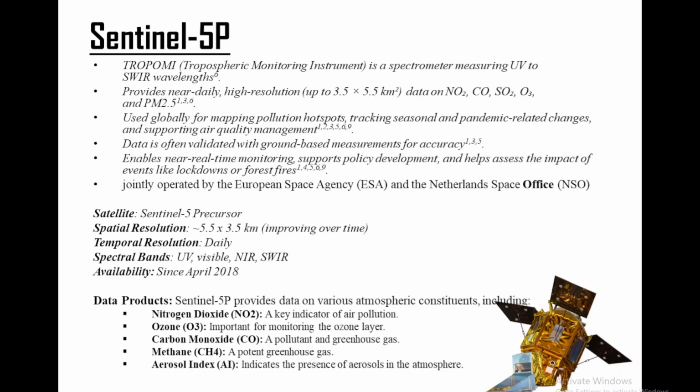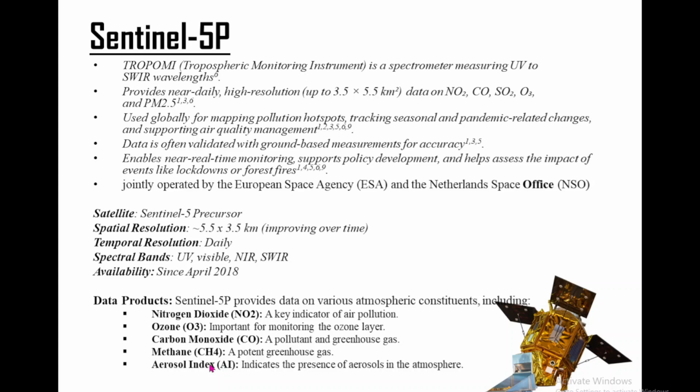It was launched in October 2017, and Sentinel 5P is equipped with TROPOMI, that is Tropospheric Monitoring Instrument, which provides daily or near daily high resolution data on several key atmospheric pollutants. And these key atmospheric pollutants are listed over here, that is nitrogen dioxide, ozone, carbon monoxide, methane, and aerosol index.